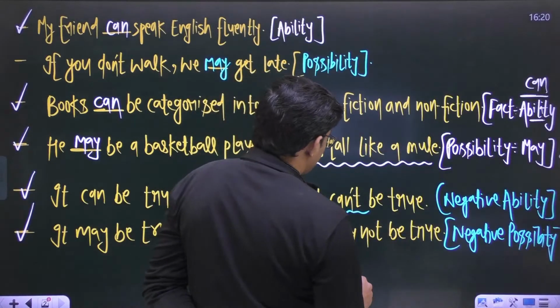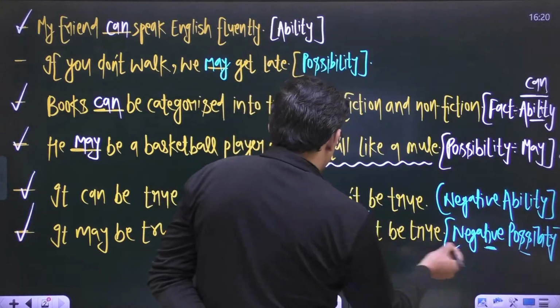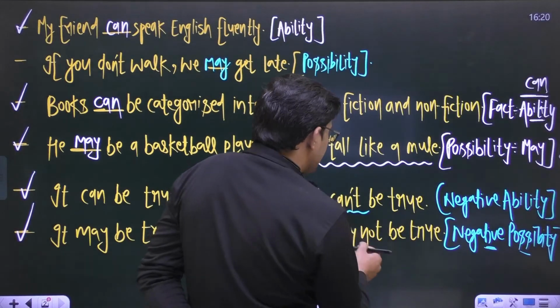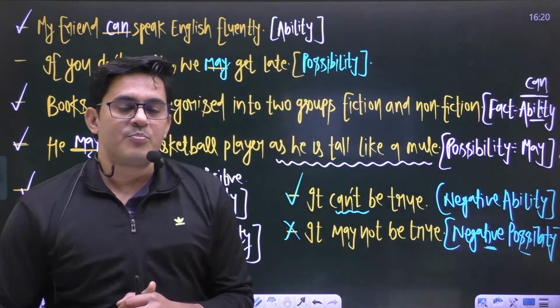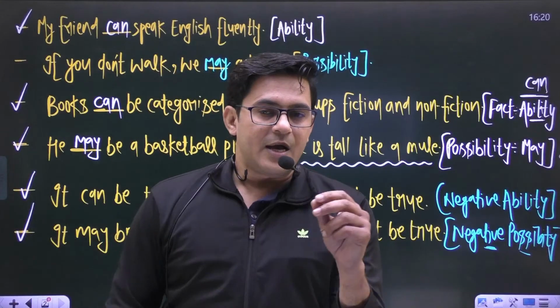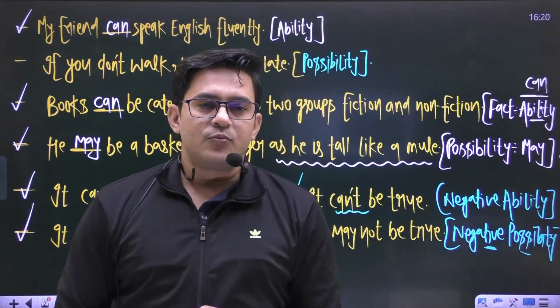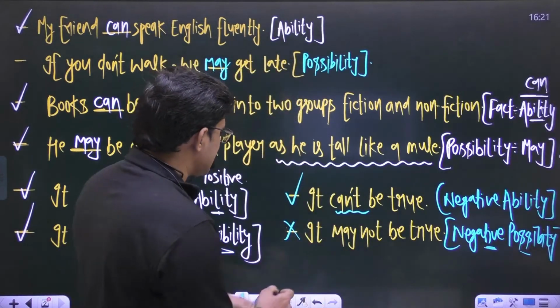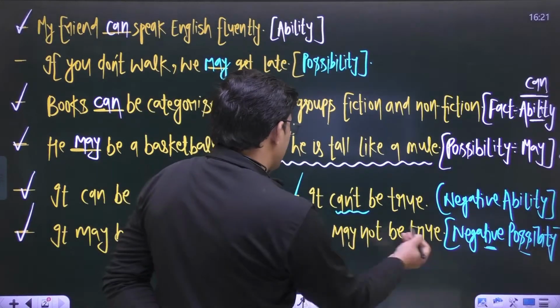But in negative possibilities we don't use may not, mayn't. There is no contracted form mayn't in entire English. So it is wrong to say it may not be true.